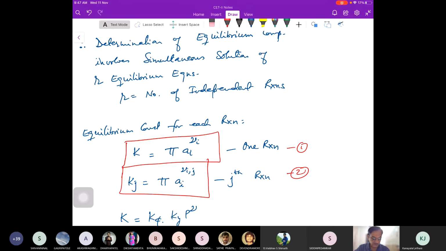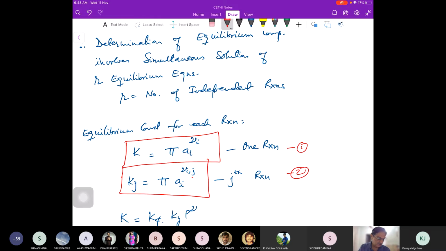If there are j reactions, 3, 4, like we saw 5, 6 reactions above, we can write for the jth reaction K_j is equal to pi of a_i, where a_i is essentially the activity of component i raised to the power of nu_i, that means the stoichiometric coefficient for the jth reaction.